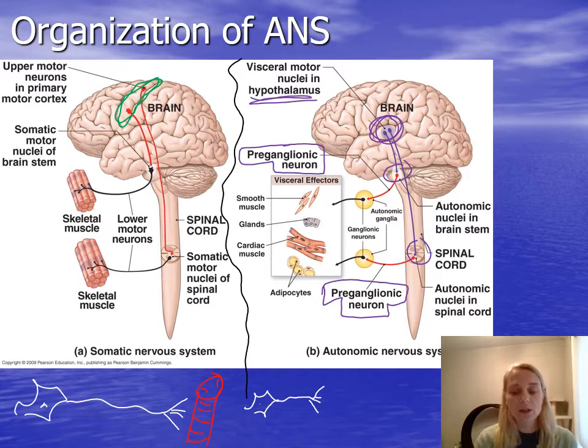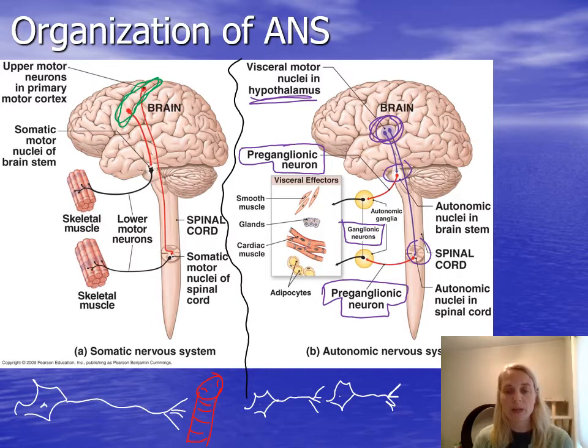So the preganglionic neurons come from the CNS, and then they go and synapse with a second motor neuron. The second motor neuron is called the ganglionic neuron, or sometimes called the postganglionic neuron, or postganglionic fiber. So there is a series of neurons that go from the CNS to the effector. And what are the effectors of the autonomic nervous system? This box right here.